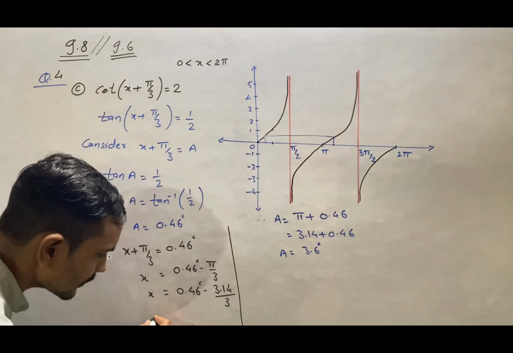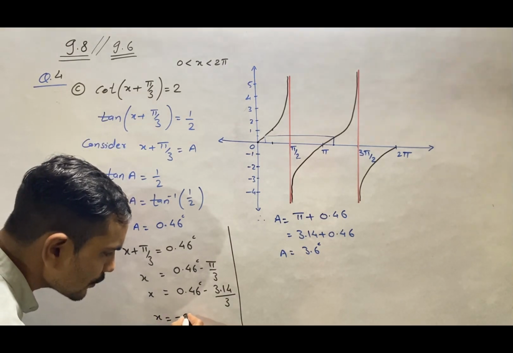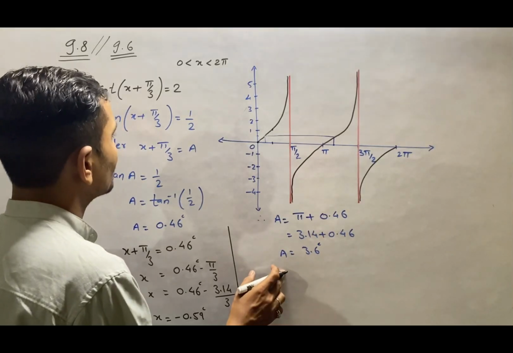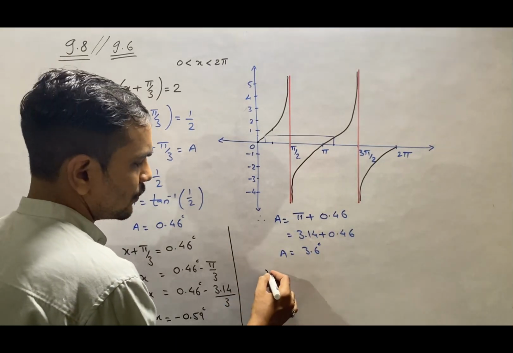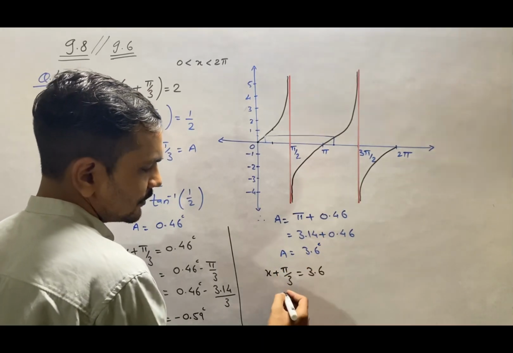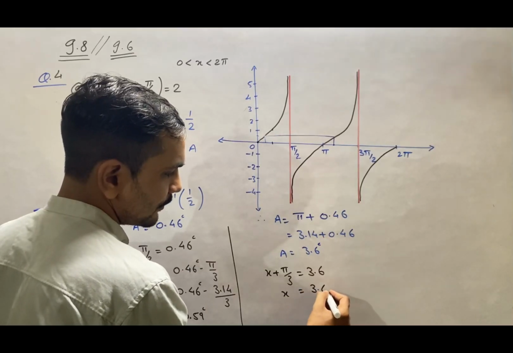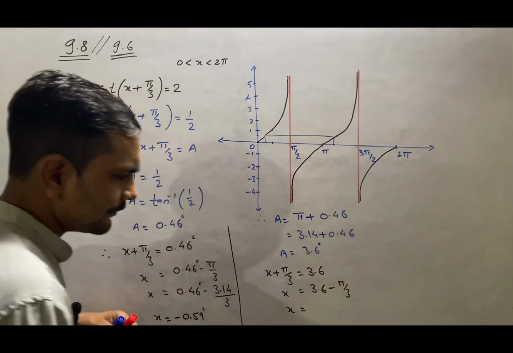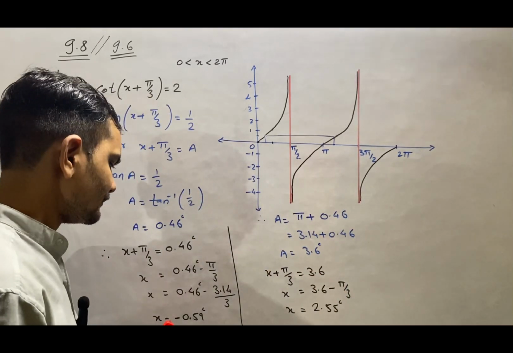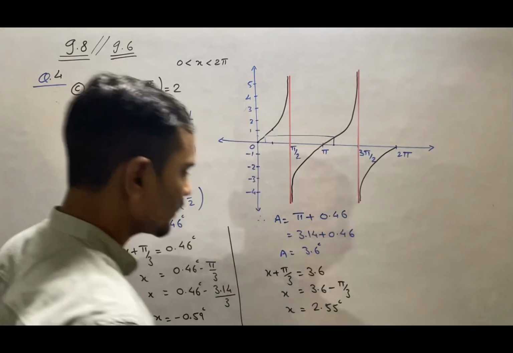So here we can say x equals negative 0.59 radian. Okay, and what about this? If we resubstitute the value of A, x plus pi over 3 is equal to 3.6. If we take this value that side, 3.6 minus pi over 3, 0.55 radian. Okay, now these are the solutions of x.